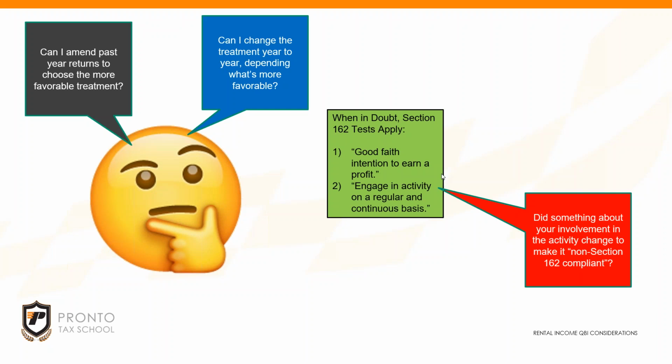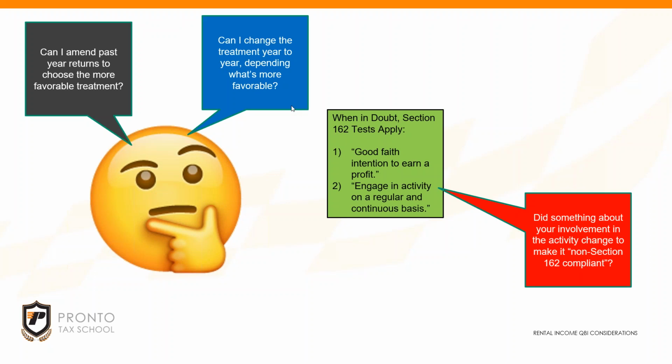Was there a good faith intention to earn a profit, and was the taxpayer engaged in this activity on a regular and continuous basis? If something about that changed from year to year, then there may be some justification for having different treatment of a particular rental property: one year QBI, yes, the other year, no.